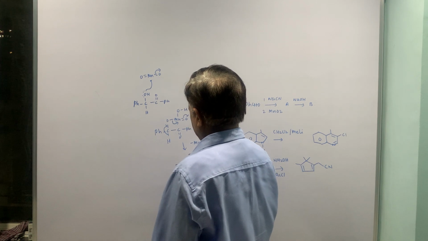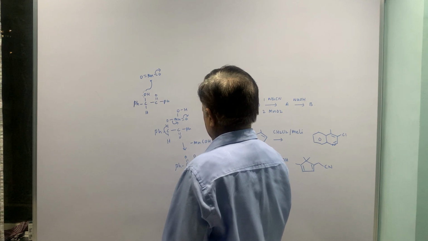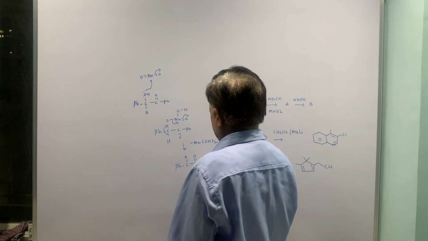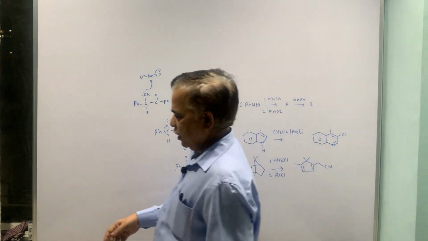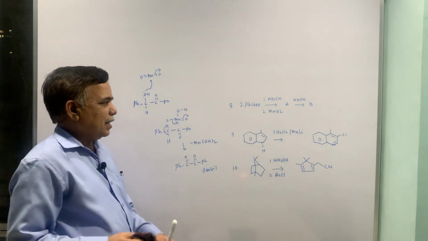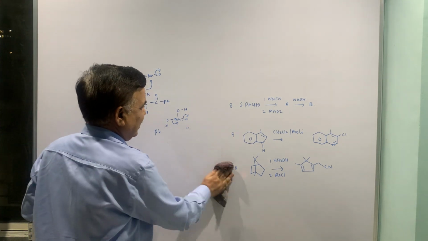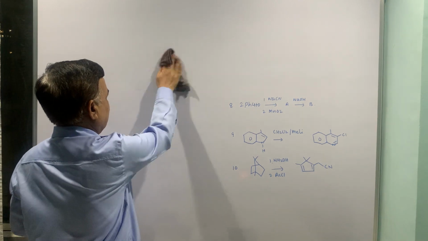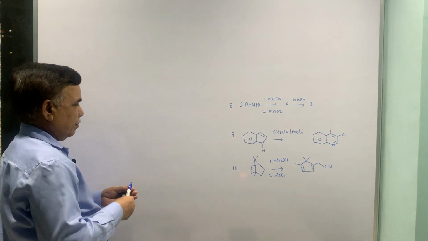So this will become benzil, and since benzil is there, naturally the rearrangement is benzil benzilic acid rearrangement, which is catalyzed by OH minus. So we have to put that. So A is benzil and B is benzilic acid.